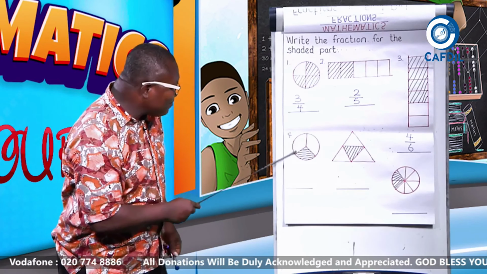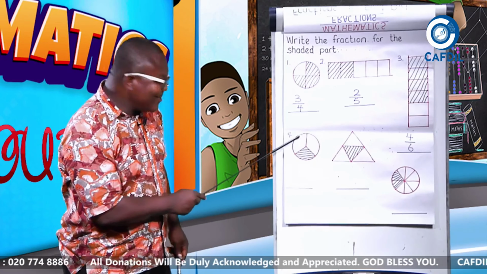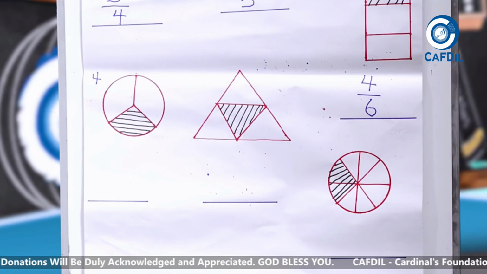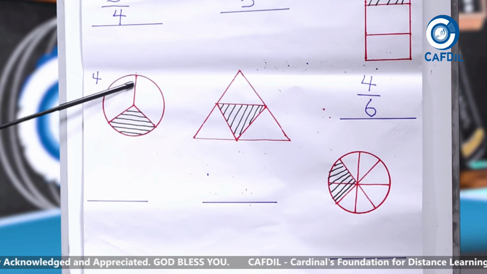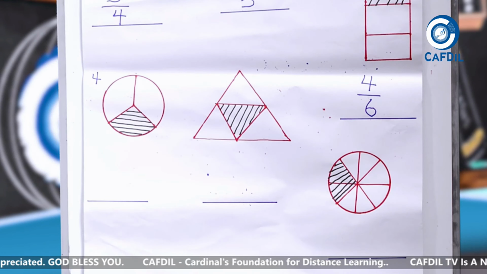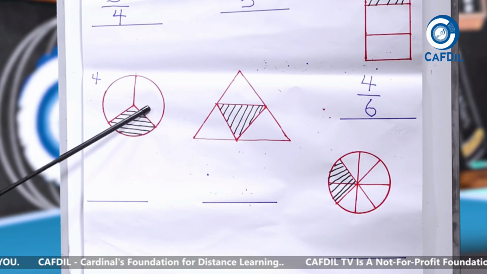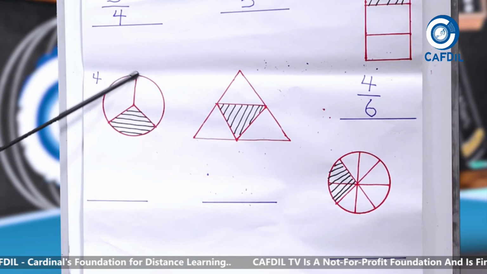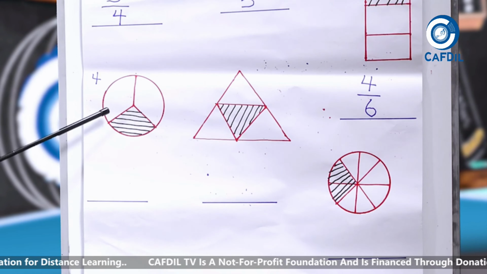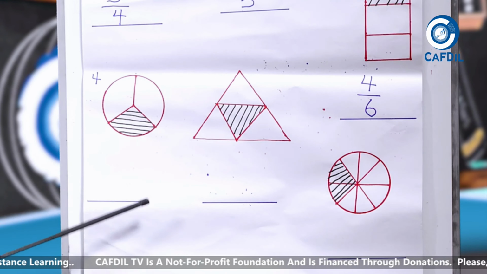Now the fourth one. What shape is this? Circle, good. And now when we look at this circle, it has been divided into how many equal parts? Let's look at it. 3 equal parts.